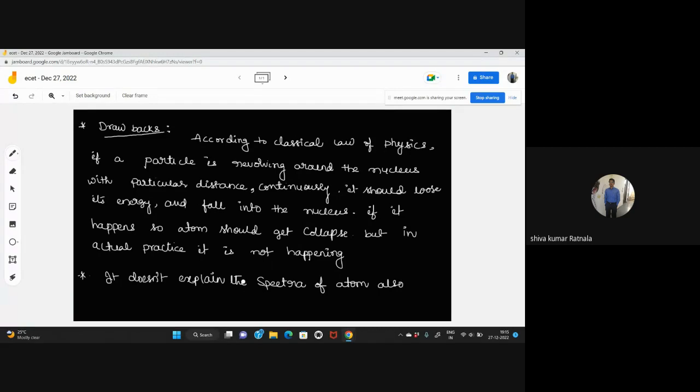Okay, so these are the 2 points which were not explained. That means what are the points? If something is revolving around the nucleus, it's supposed to lose its energy and it should fall into the nucleus, which is not happening. So why is it not happening? What is the reason? It was also not explained.